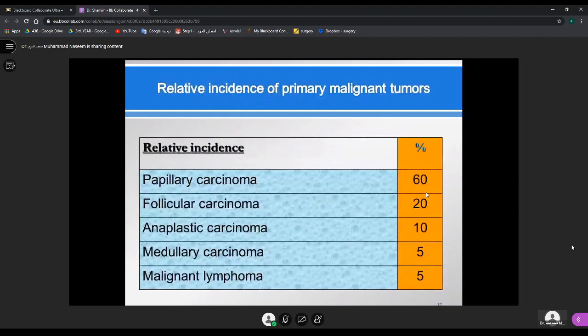This shows the relative incidence of different primary thyroid tumors. Papillary carcinoma has the highest incidence, accounting for 60% of thyroid malignancies, followed by follicular carcinoma 20%, anaplastic carcinoma 10%, and medullary carcinoma and malignant lymphoma 5% each.